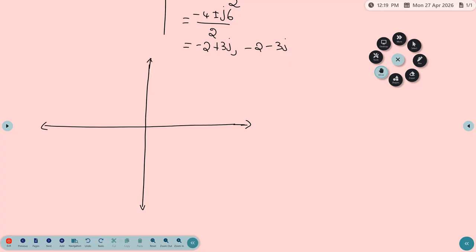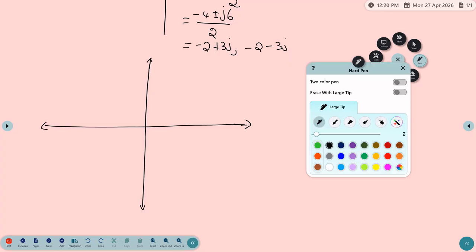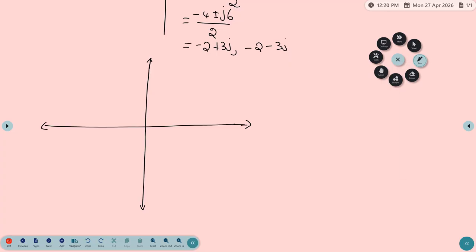So we can take the scaling for the x-axis as 1 centimeter equal to 0.5 unit. Similarly, in the y-axis, 1 centimeter equal to 0.5.